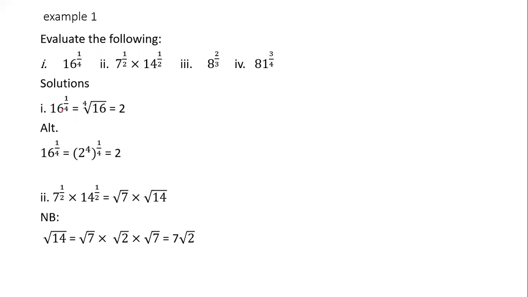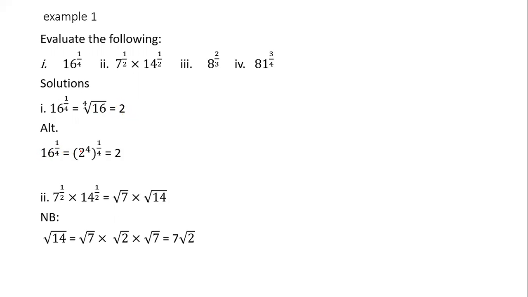So we have 16 power 1 over 4 becomes the fourth root of 16. And the fourth root of 16 is 2. You can check it from your calculator. The fourth root of 16 is 2. If you are going by the other way, we can express 16 as 2 power 4.